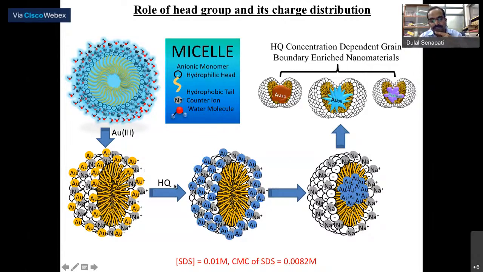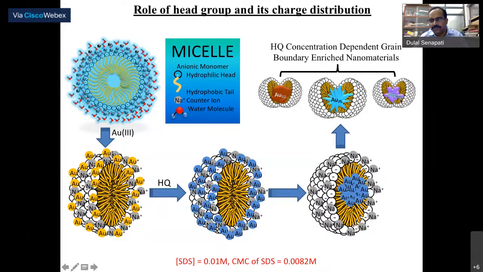Once we use different amounts of hydroquinone, hydroquinone changes the pH of the solution. As the pH changes, the core structure also changes, and so we get different shapes of nanoparticle. As you can see, when we use 50 microliter of hydroquinone in the synthesis, it gives kind of spherical particles. But when we use 75 microliter, it gives nicely star-shaped nanoparticles.